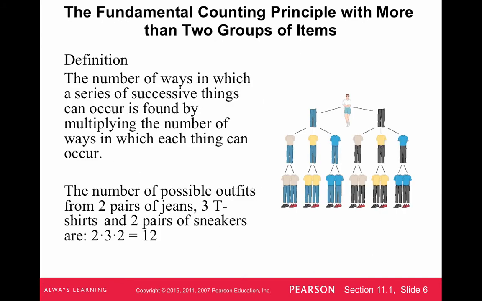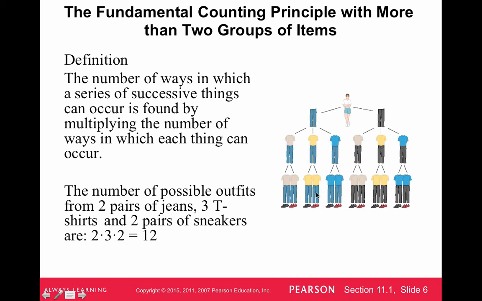So let's say now that we have 3 stages of selection. We're going to do pants, shirt, and then shoes. You still multiply your options at each stage. So even though we have one more stage of selection, we still just multiply our options at each selection. So 2 pairs of jeans, 2 times 3 kinds of shirts, 2 times 3 is 6, so that gives us 6 options here.